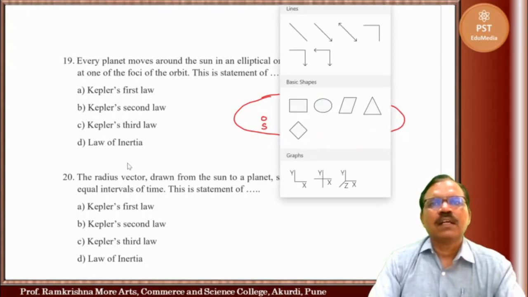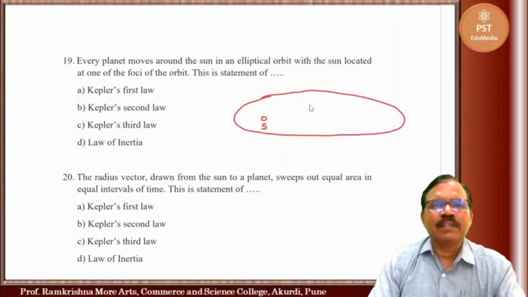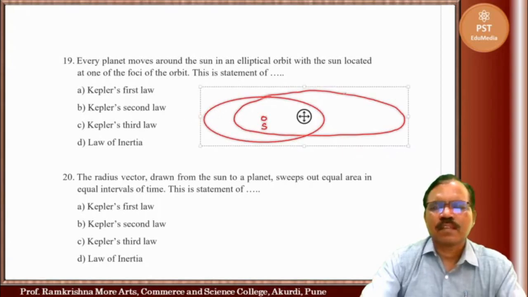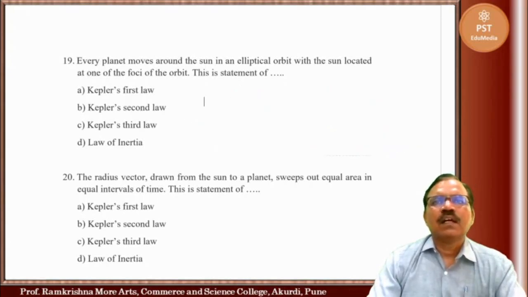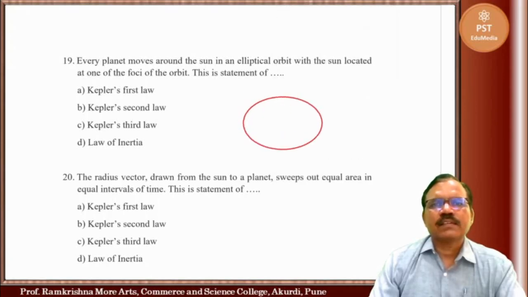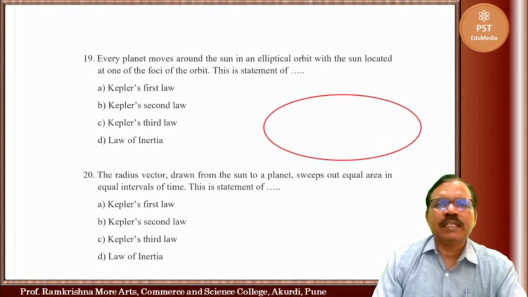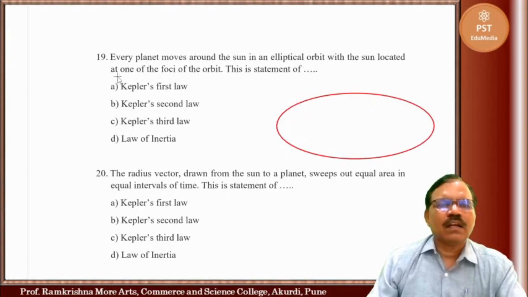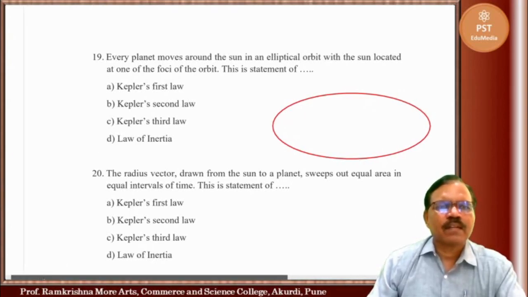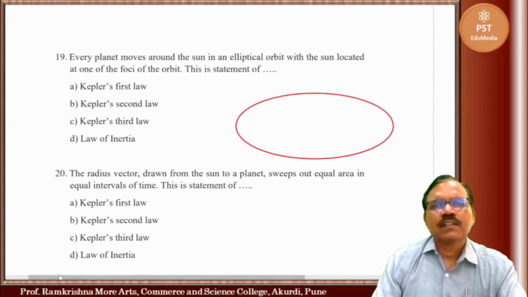Like this, I can take elliptical. So I will remove this. So here, this is an elliptical orbit, and the sun is located at one of the foci.